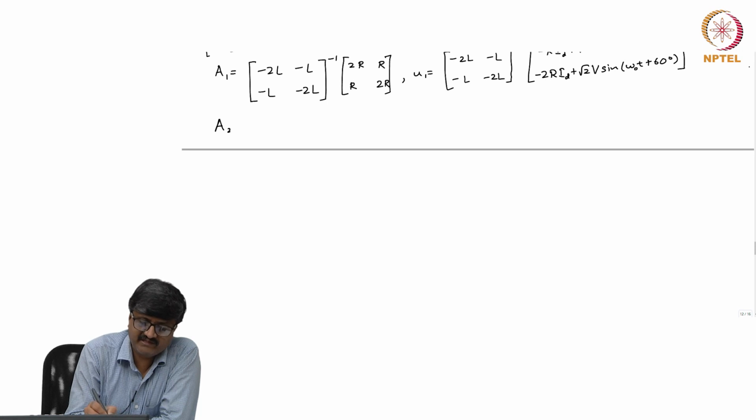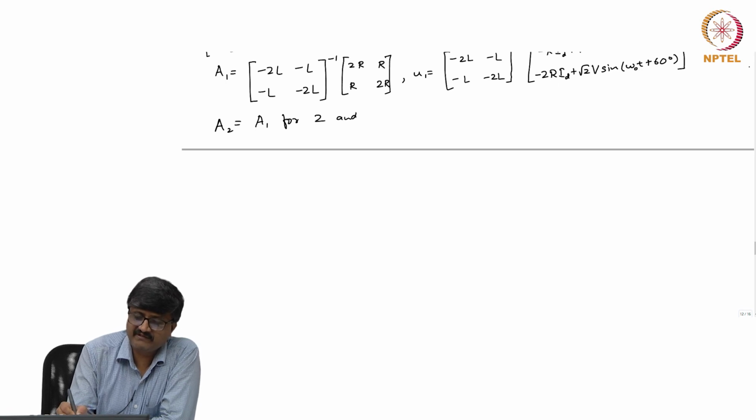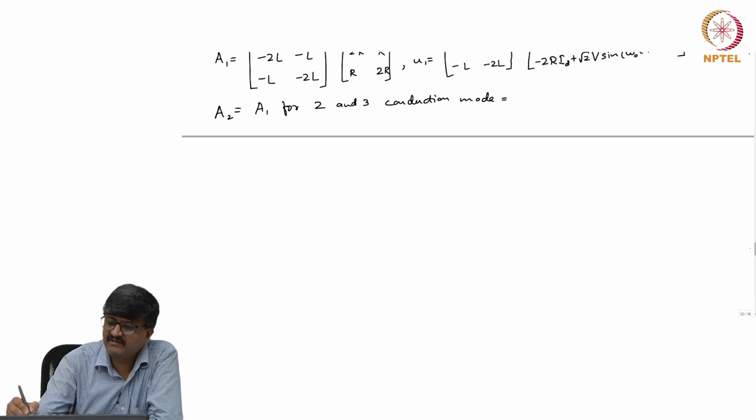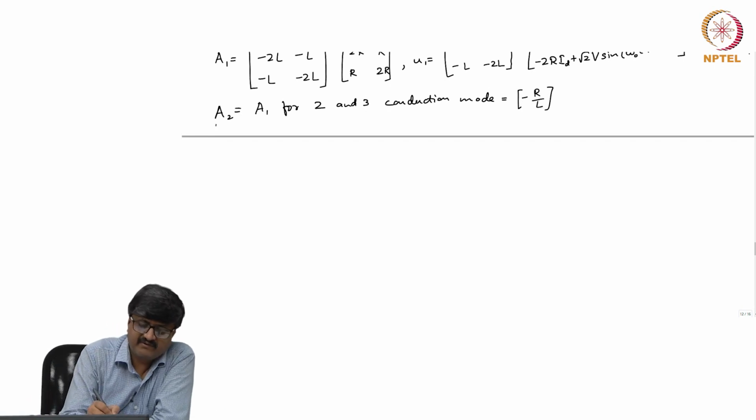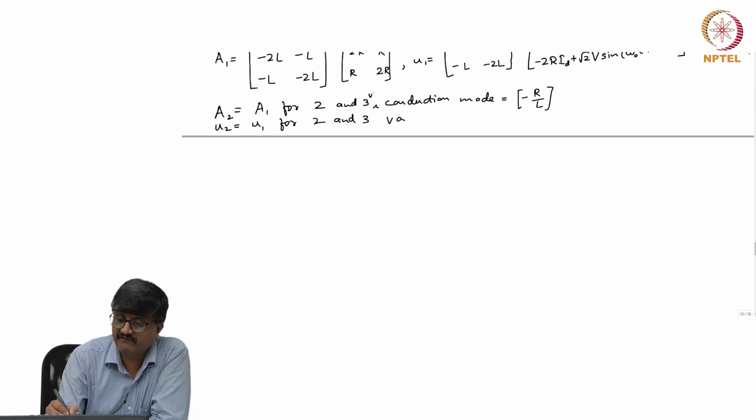A2 is equal to A1 for 2 and 3 valve conduction mode, and U2 is nothing but U1 for 2 and 3 valve conduction mode.